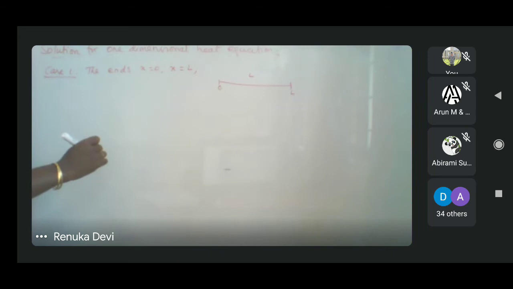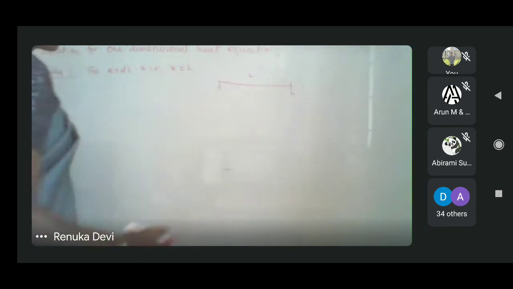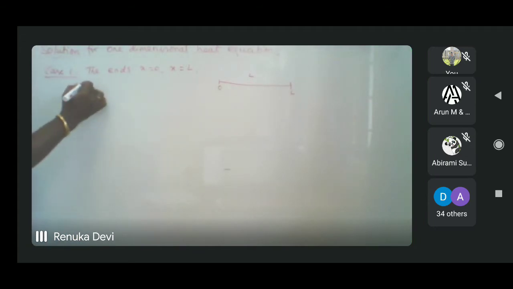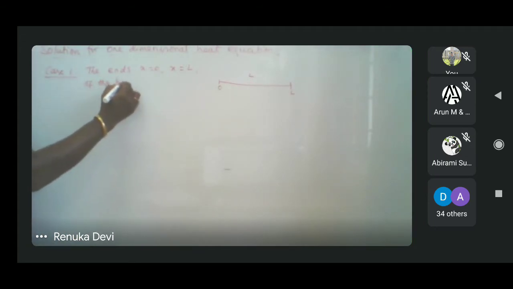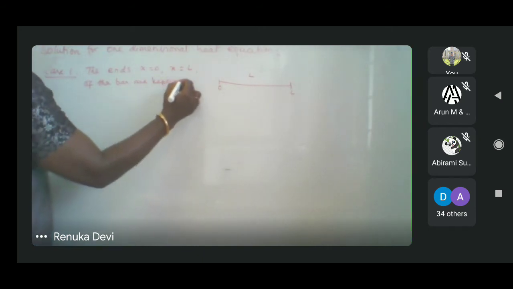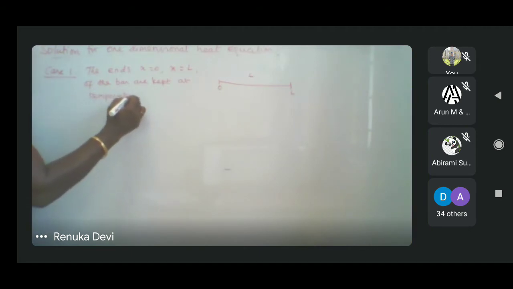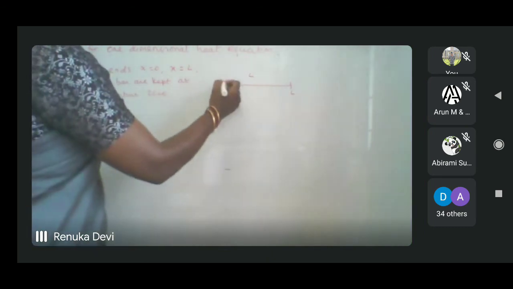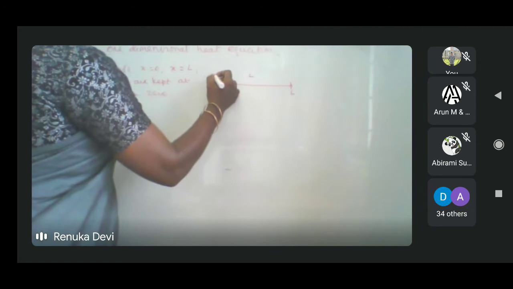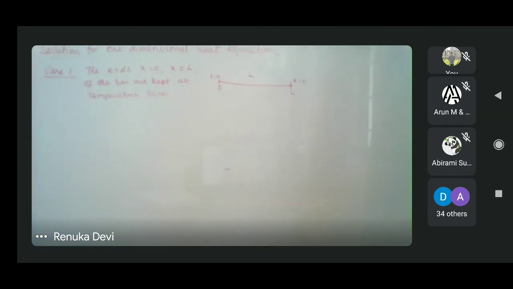The ends of the bar are kept at temperature 0. That is, at the end points of the wire, the temperature is 0. That is T equal to 0 here, and here also T equal to 0. We are assuming that. And then, what are the boundary conditions?